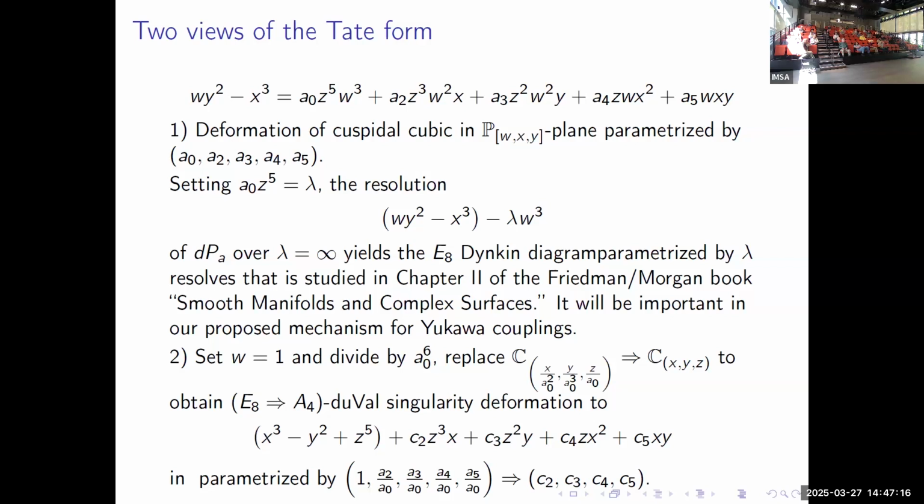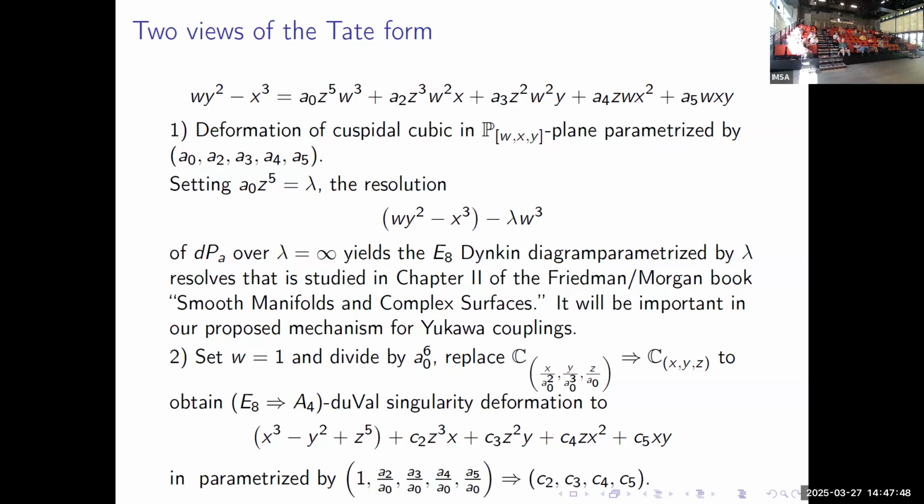And when you look at it that way, that's a deformation of the E8 singularity to an A4 Du Val singularity. So we want to think of it in 2 ways. You start with the cusp, and then also you can forget that and start with the E8, and that's affected by number 2 here.